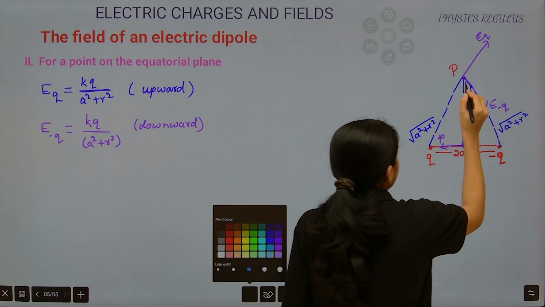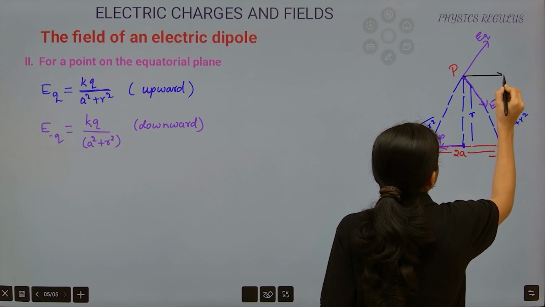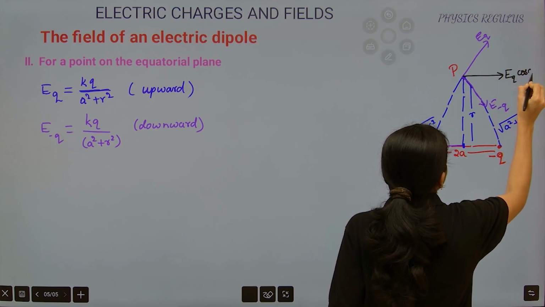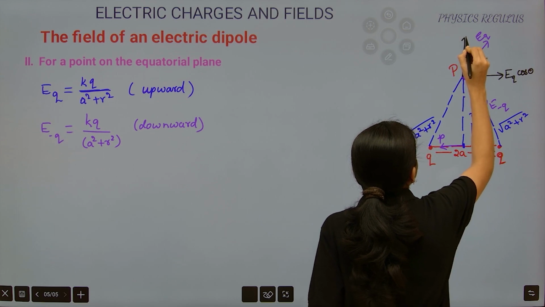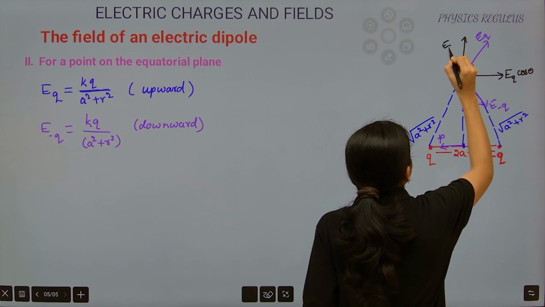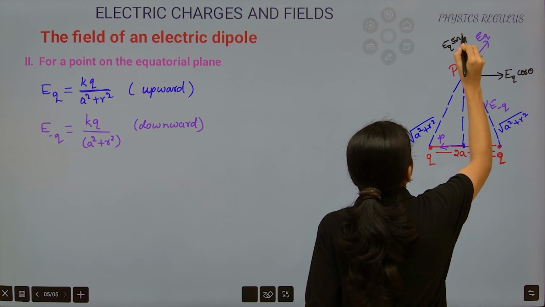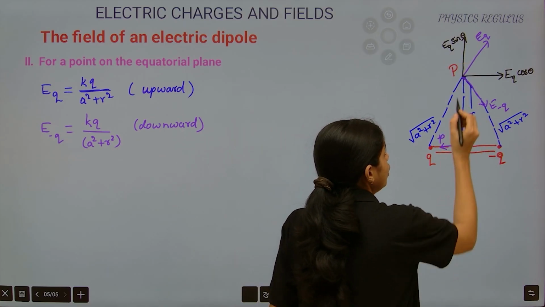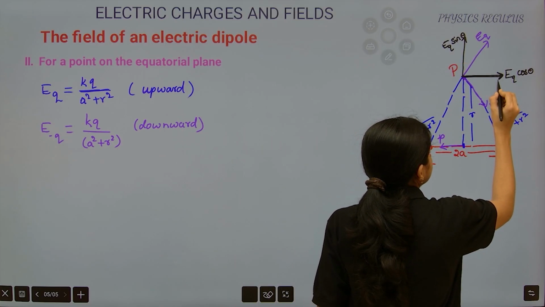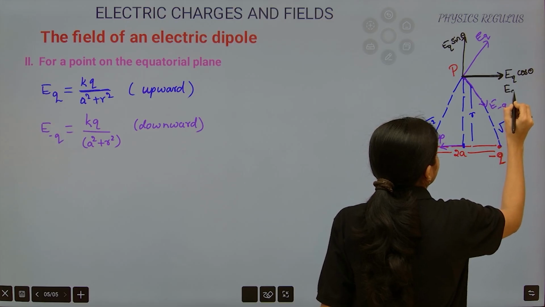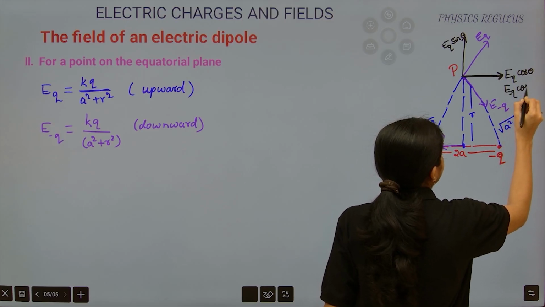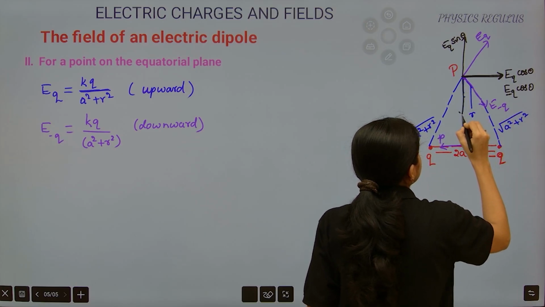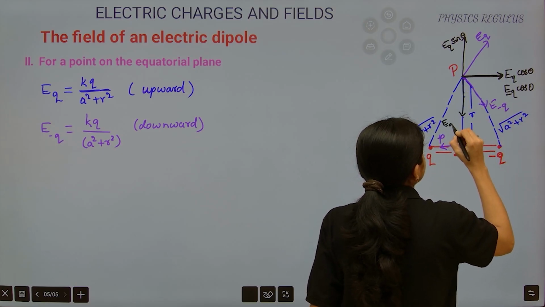When you resolve vector E_Q, you will get horizontal component E_Q cos theta and vertical component E_Q sin theta. Similarly, resolve vector E_minus Q, you will get horizontal component E_minus Q cos theta and vertical component E_minus Q sin theta.